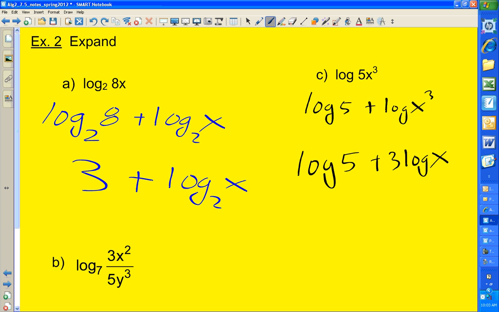Log of 5? What is it? Oh my gosh, that wasn't what I was hoping for. And we didn't want you to pick up the calculator. I forgot that this one we could do on a calculator. Common log 10. I just want to know what log of 5 is. Did you memorize them?